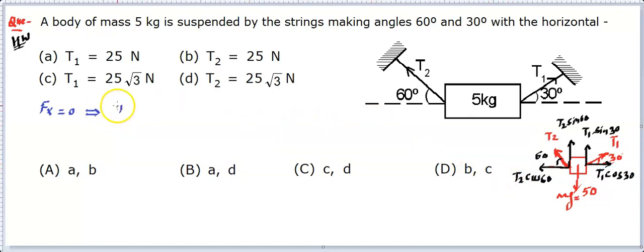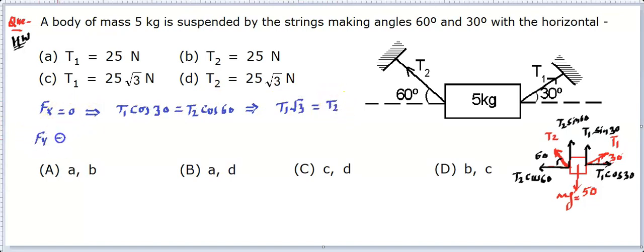So you write T1 cos 30 is equal to T2 cos 60. Now you can put in the values, the relation between T1 and T2. So this is T1 cos 30 and the 2s get cancelled out. So that's the one equation you're getting.